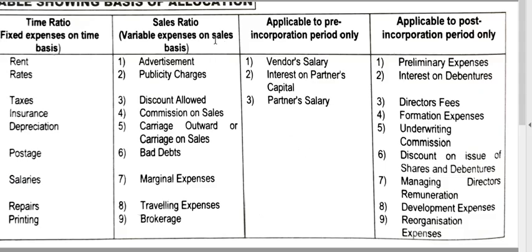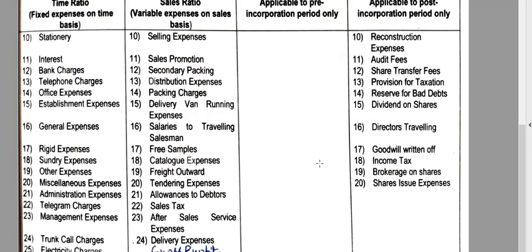This chart is very important to know which expenses go under which basis. For example, insurance comes under time ratio, bad debts come under sales ratio, partner's salary will be applicable only to pre-incorporation, and director fees and formation expenses will be applicable to post-incorporation.